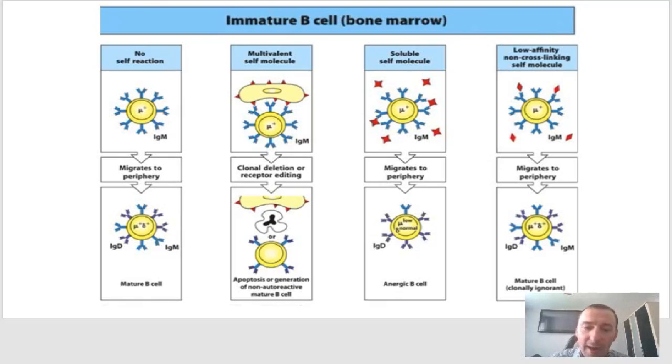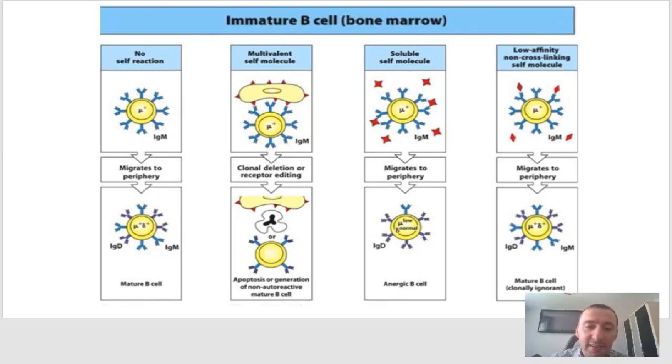The next scenario is where the B cell receptors have the ability to bind to multiple antigens on a pathogen, causing cross-linking. If this happens, then the B cell will undergo immediate clonal deletion, or the B cell receptor will be edited.